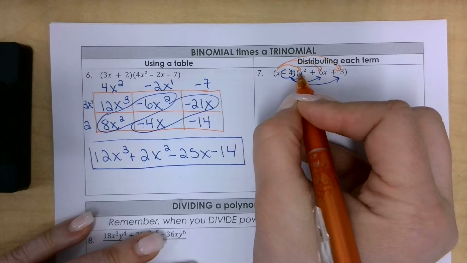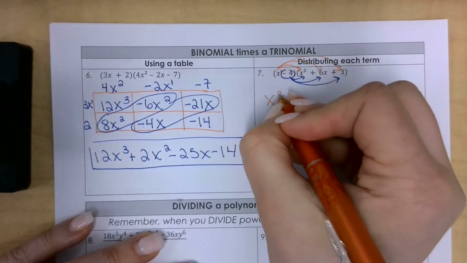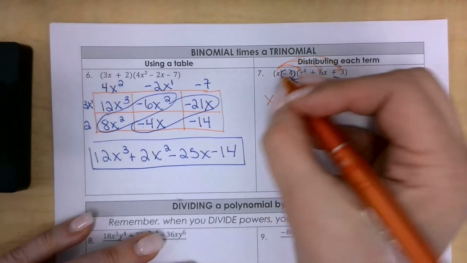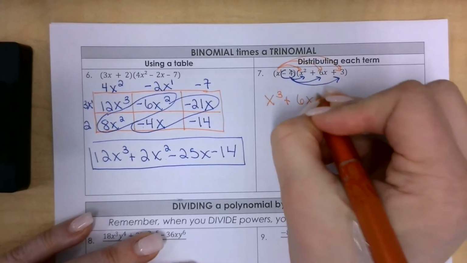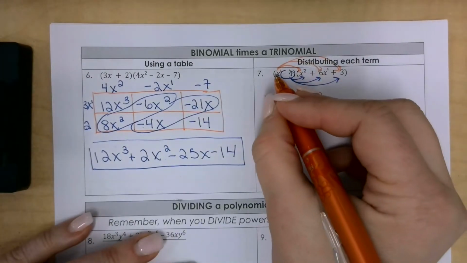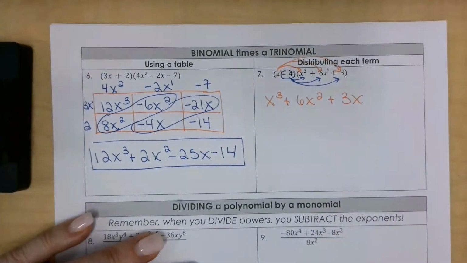X times x, so this is x to the first. 1 plus 2, so I have an x cubed. Now I'm going to do x times 6x, which is going to be plus 6x squared. I did 1 plus 1, 1 times 6. 1x times 3 is going to be a positive 3x.